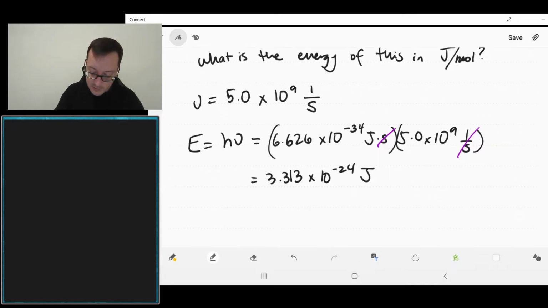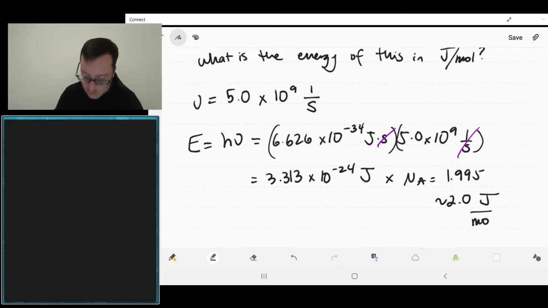And if we want to do it for a mole, we multiply by Avogadro's number, 6.022 times 10 to the 23rd, and we get 1.995, which rounds to 2.0 joules per mole.